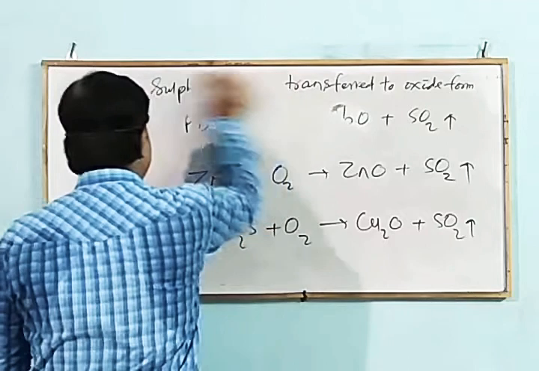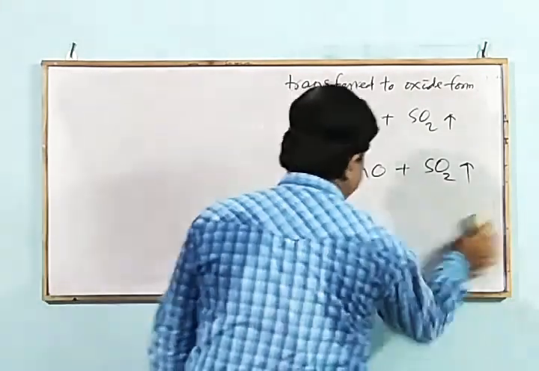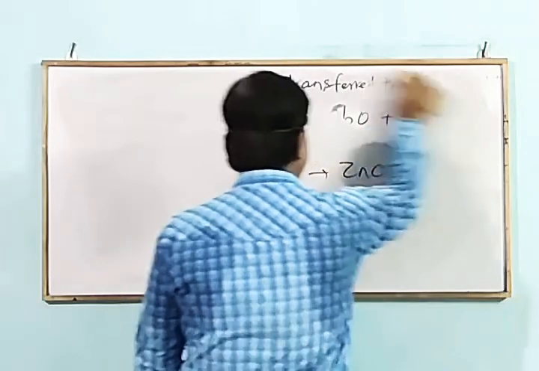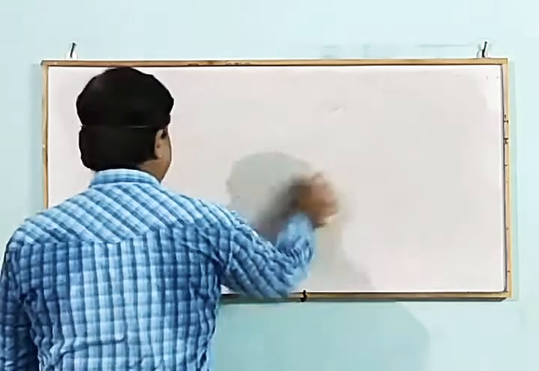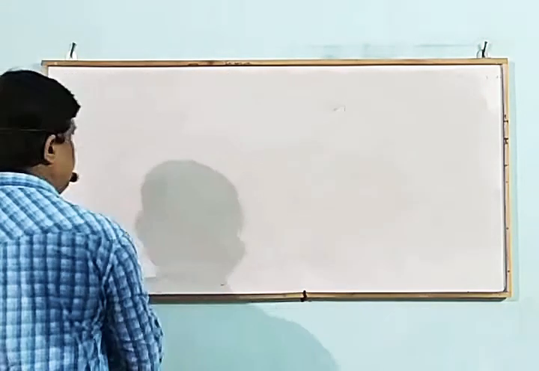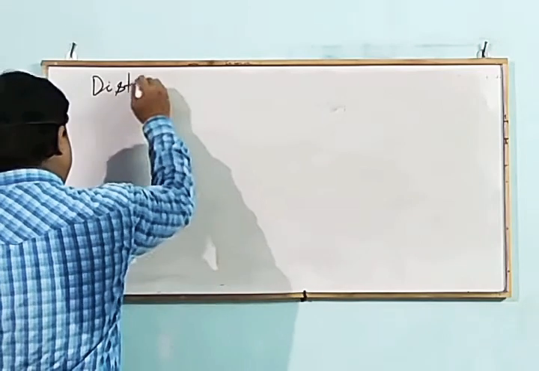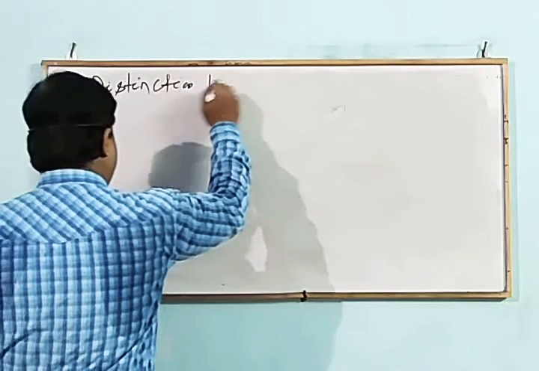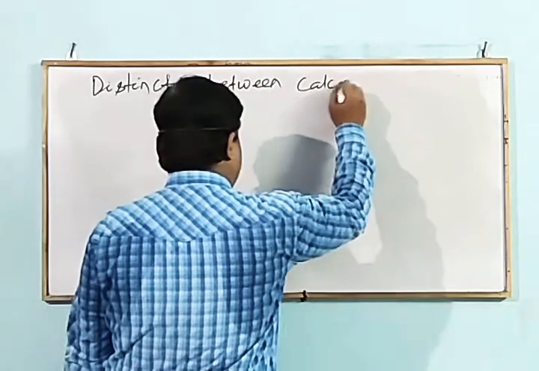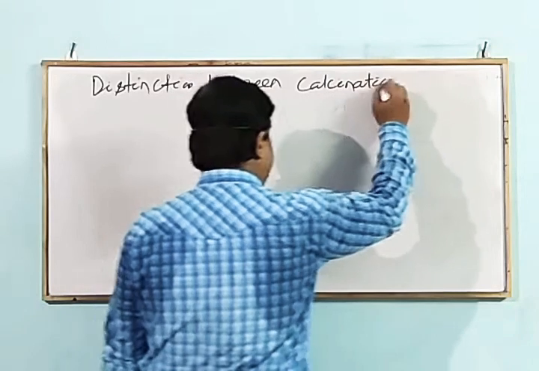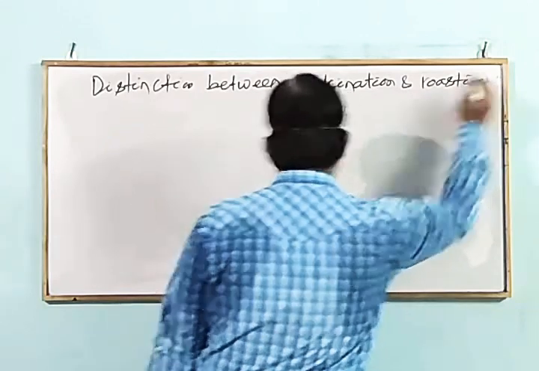Next we discuss the distinction between calcination and roasting. The important 2-mark question.